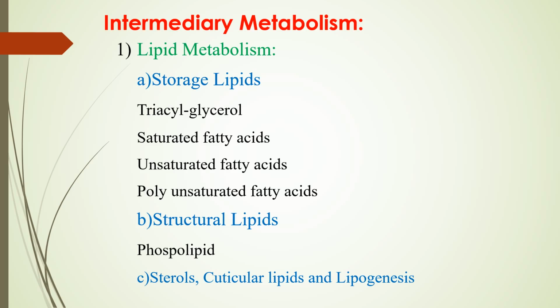Fatty acids, both esterified and non-esterified, accumulate in all tissues and constitute a major metabolic reserve. There are various types of fatty acids in insects. Then B, structural lipids. Actually, there are saturated fatty acids, monounsaturated fatty acids, and polyunsaturated fatty acids.